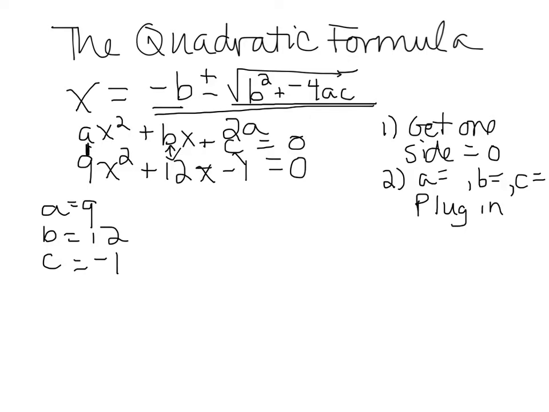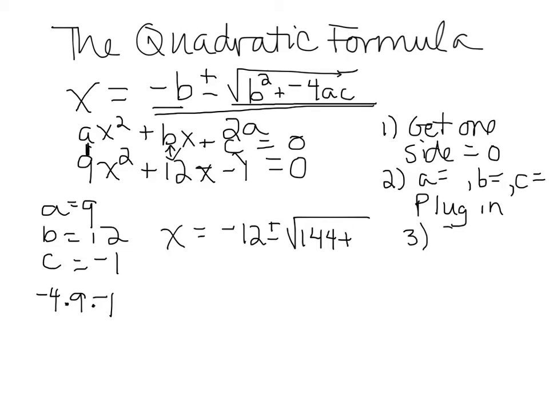So we have the opposite of b plus or minus the square root of b squared. And then here, plus, go to the side and do this on the side. Negative 4, always use negative 4, times a times c.